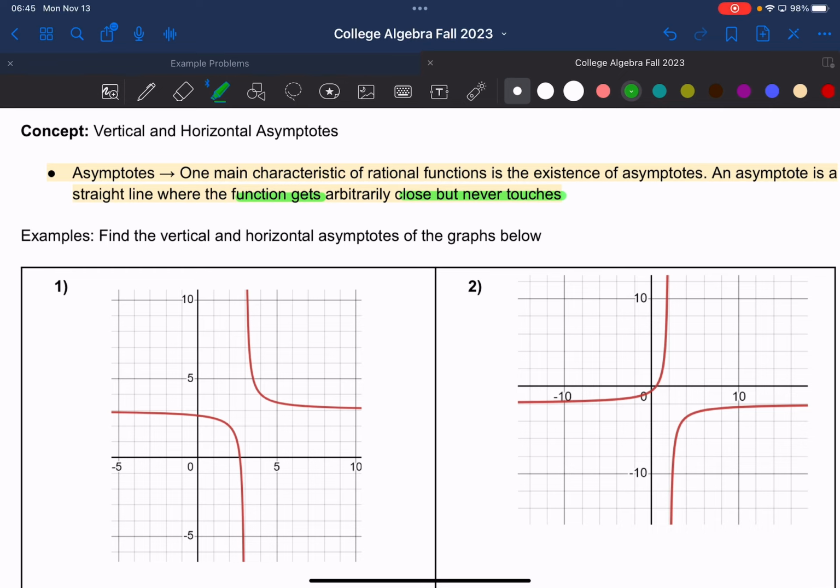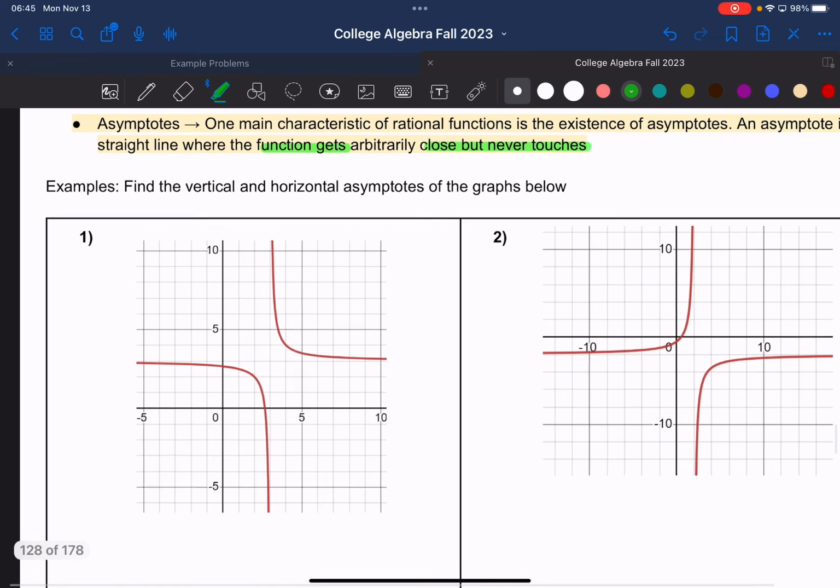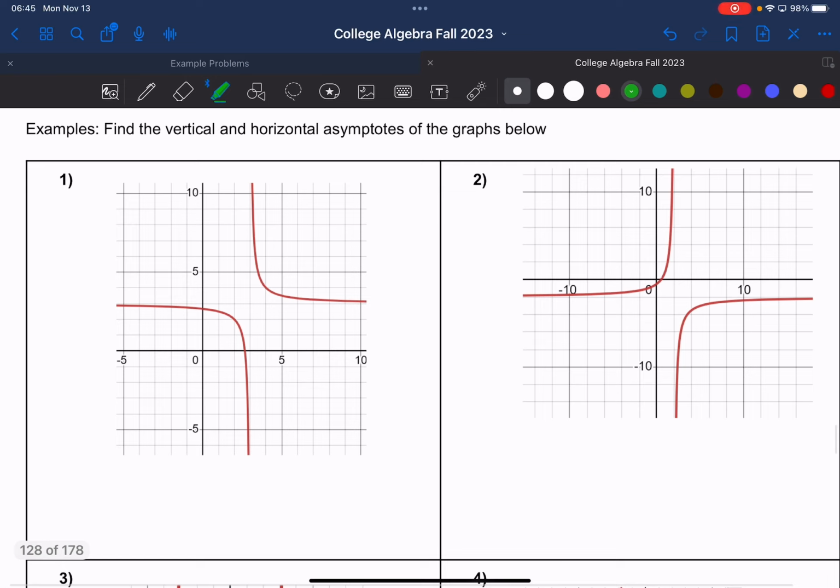In example 1, we want to find the vertical and horizontal asymptotes on the graph. Remember, vertical is a line going up and down. Notice how these two rational functions are getting really close to each other, forming almost a vertical line in between, but they never touch that vertical line.